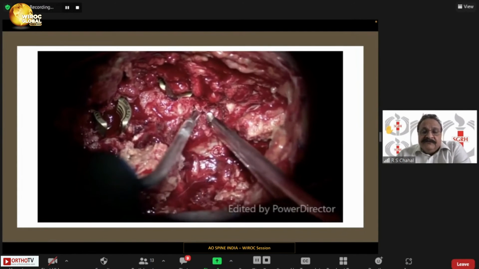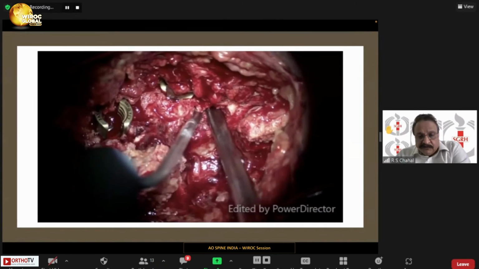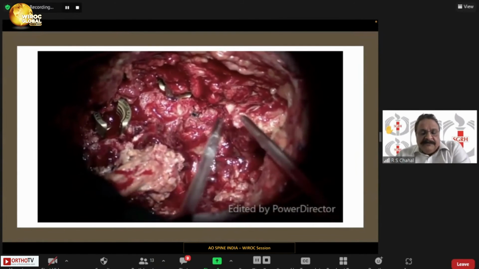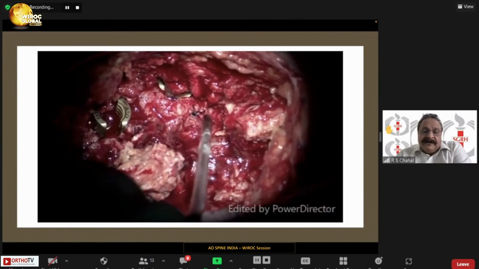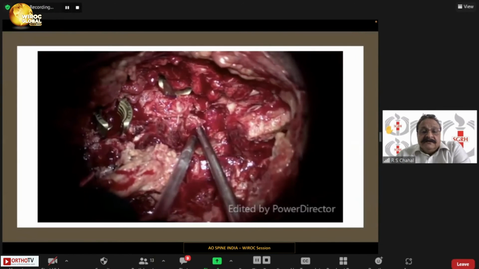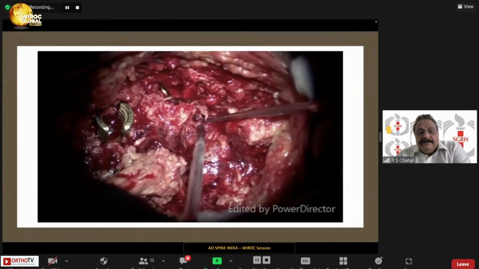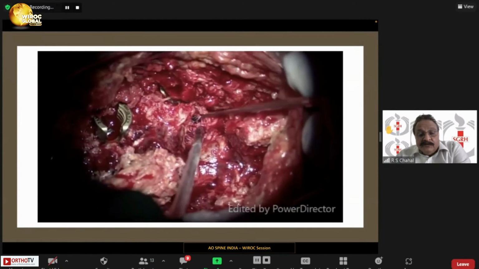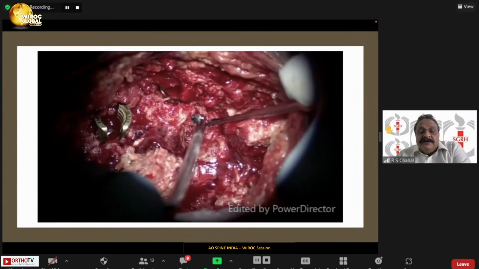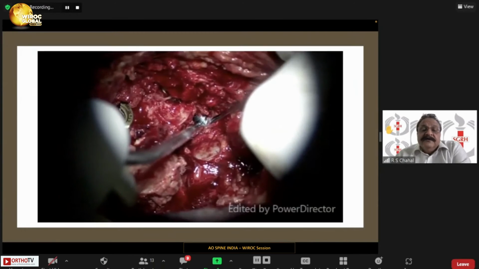If you just feel excited that you have seen a breach and try to just unscrew the screw, and it is an inferior or a medial breach, your screw threads will act like a knife and cut through the root. So it is important that you do a good laminotomy, see the root as it is here, do a good root retraction, all under vision, all probably under the microscope.